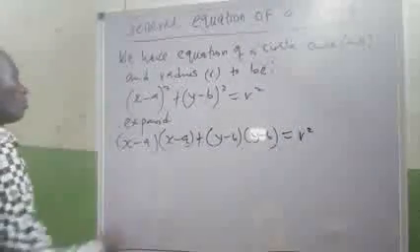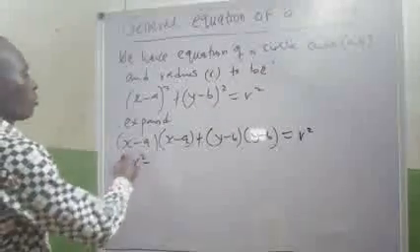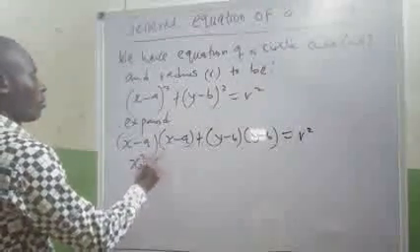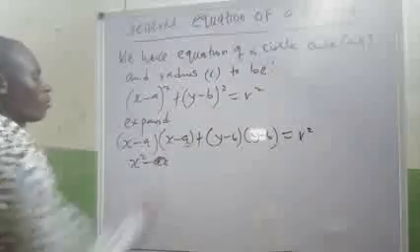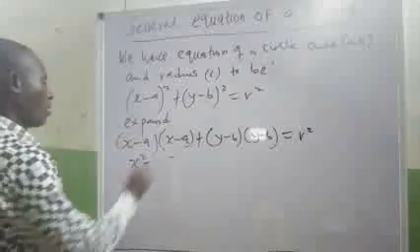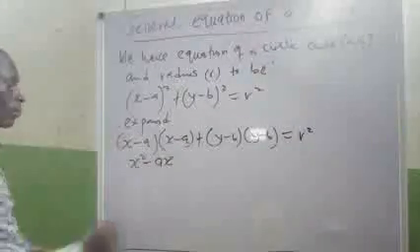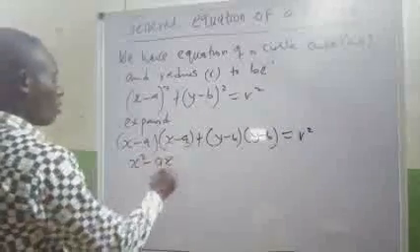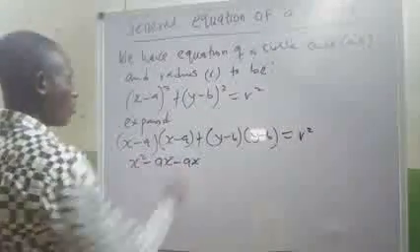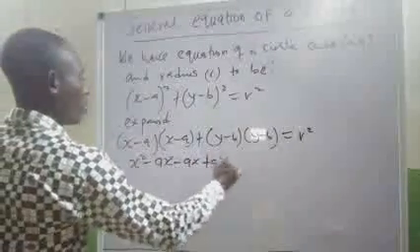So x times x is x squared, so we have x squared, minus x times a is minus ax, then minus a times x is minus ax, minus a times minus a is plus a squared.